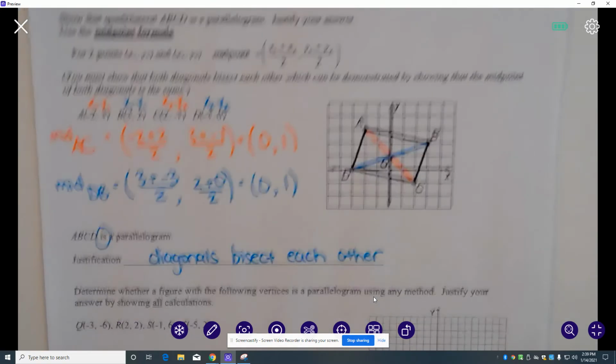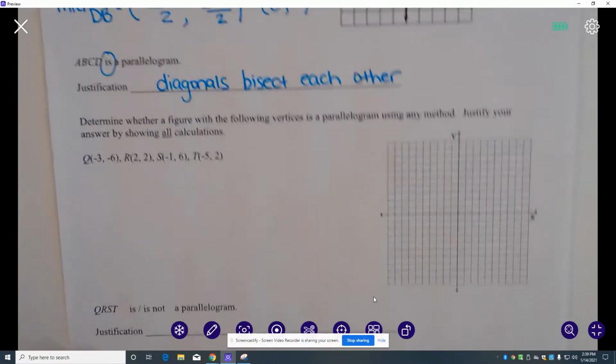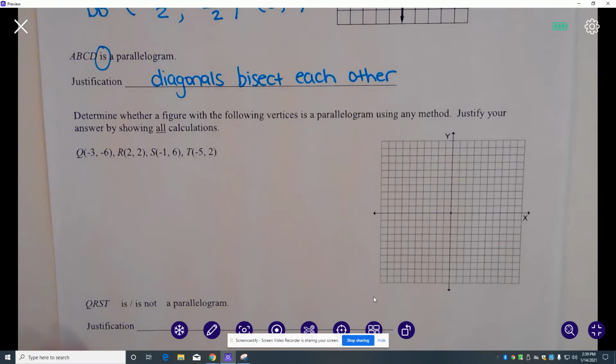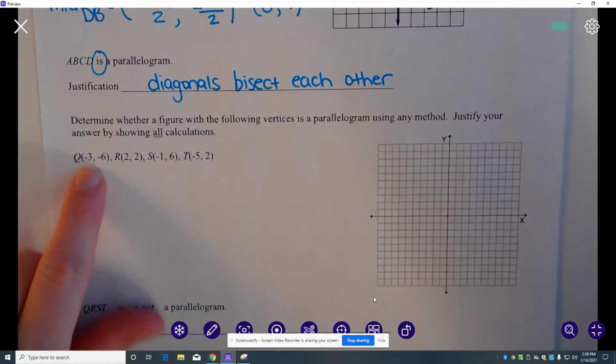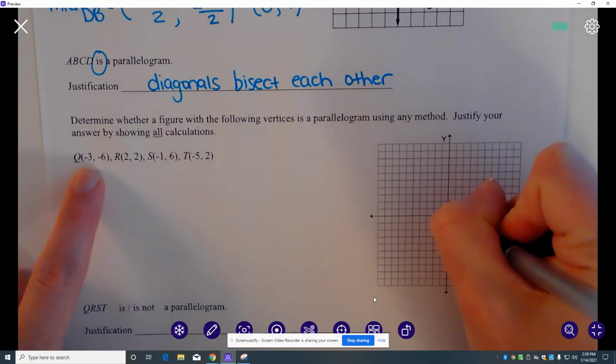Okay. In this next example, we're going to determine whether this quadrilateral is a parallelogram or not. I'm going to start by graphing my figure. Go ahead and pause the video or do this with me.